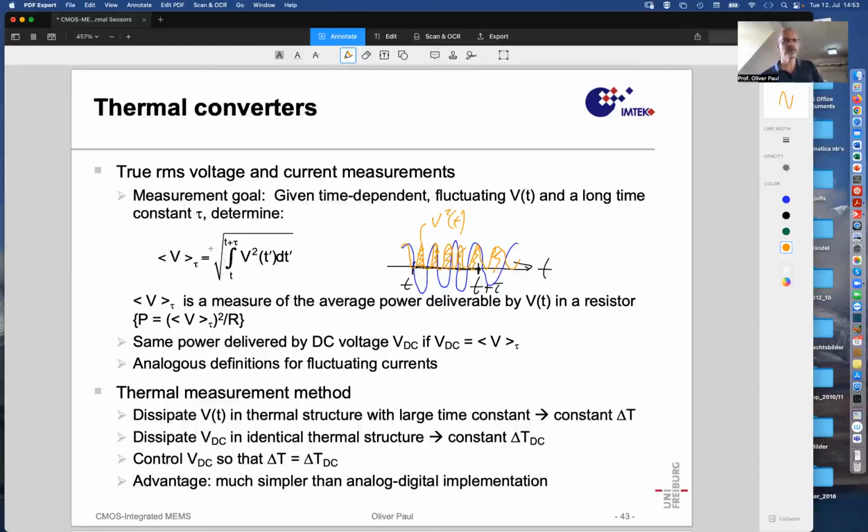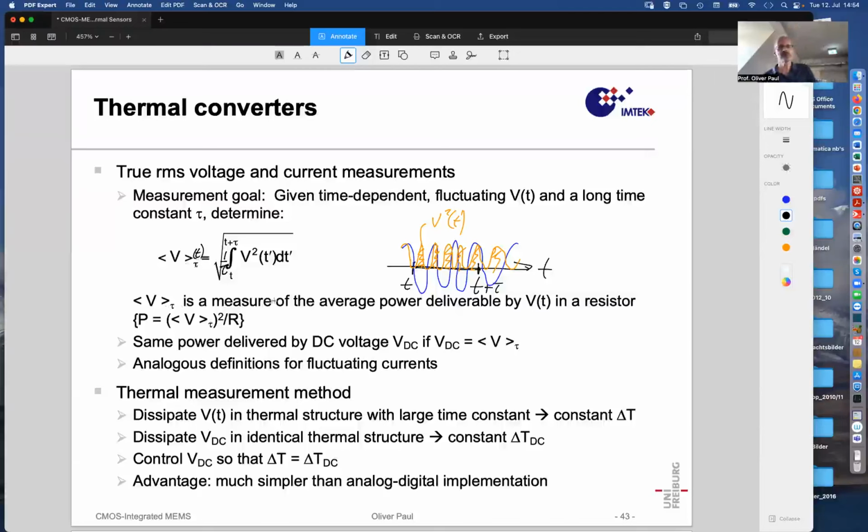Actually, I have to divide that by tau. So then we have the average V square, and then we take the square root thereof and call this the average V. And of course, this is a function of time, and this tau indicates that the integration time was tau.